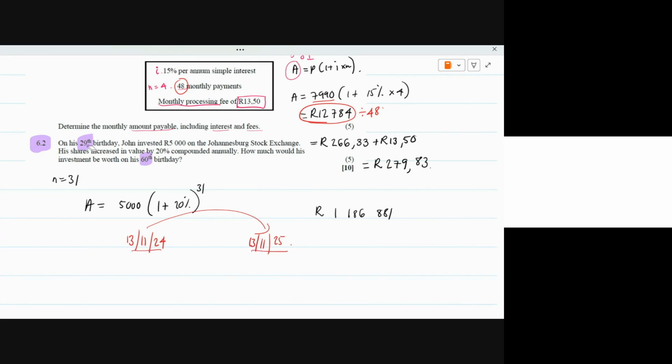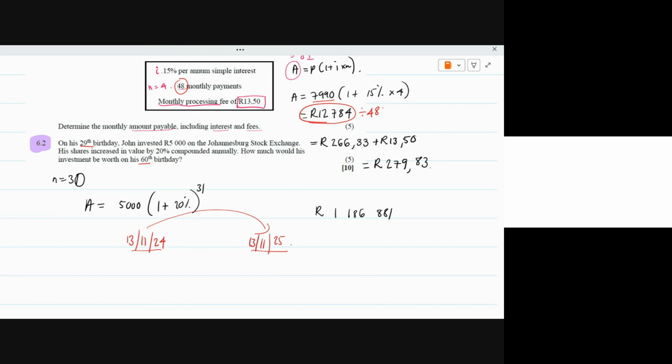So now let's go and think about what's happened here. On John's 29th birthday, he puts money into an account. Now, off he goes until he turns 30, until he turns 60. On the day that he turns 60, that year hasn't gone by. The year has not gone by. He just turned 60, which means it's actually a 30-year gap and not a 31-year gap.